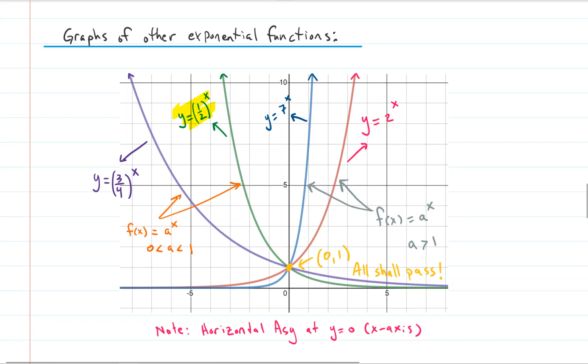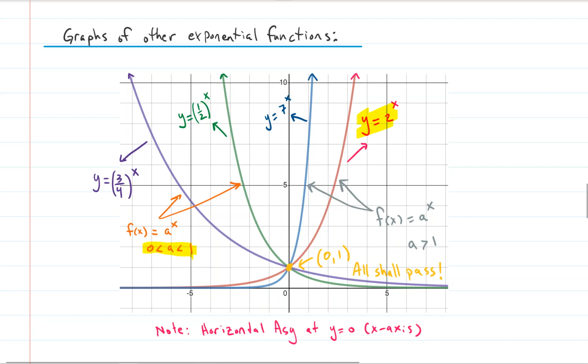So both of these two functions, (3/4)^x and (1/2)^x, they both have a values that are between 0 and 1, so they're fractional. So you notice that all the fractional bases go up to the left and down to the right. So they're kind of flipped around the y-axis from the one that we just looked at, which was y equals 2 to the x, which was right here.